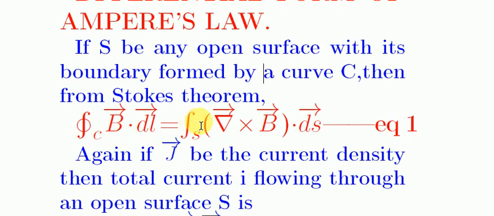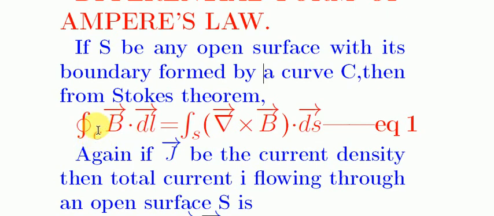and open surface integral of the curl of that vector. Here the vector is magnetic field B, and this is the symbol of closed line integral. This is the integration symbol with a circle on it, for closed line.